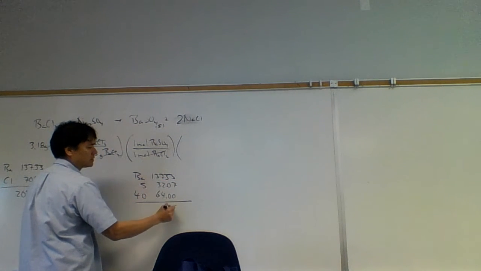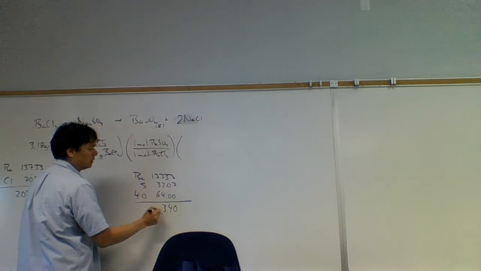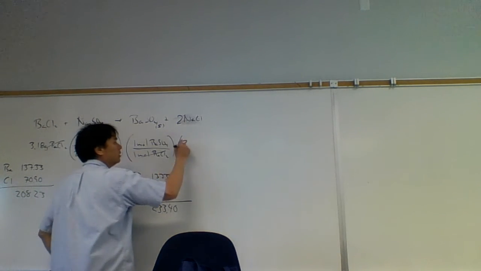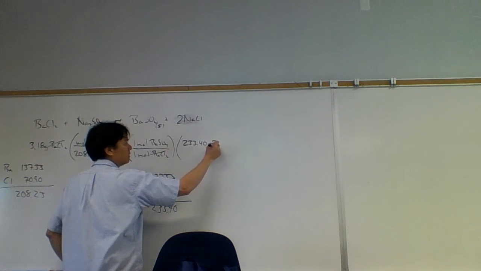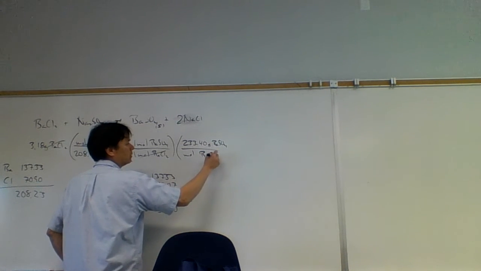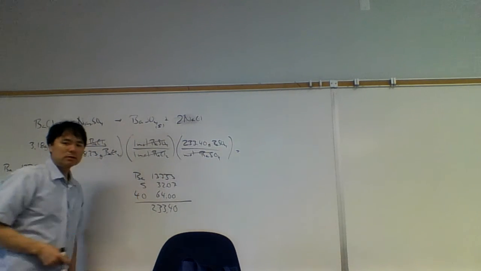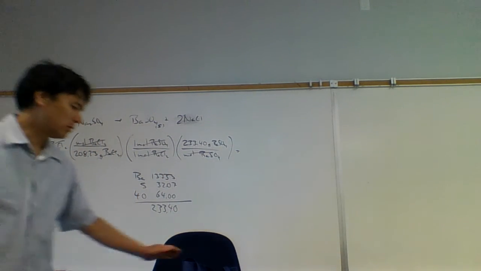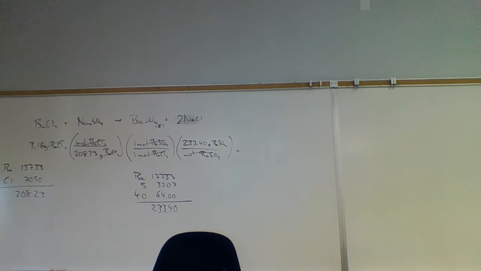So 233.40. So there are 233.40 grams of barium sulfate in a mole of barium sulfate formula units. Okay, so the moles cancel. So this tells us how many grams of barium sulfate we can expect based on this much barium chloride.